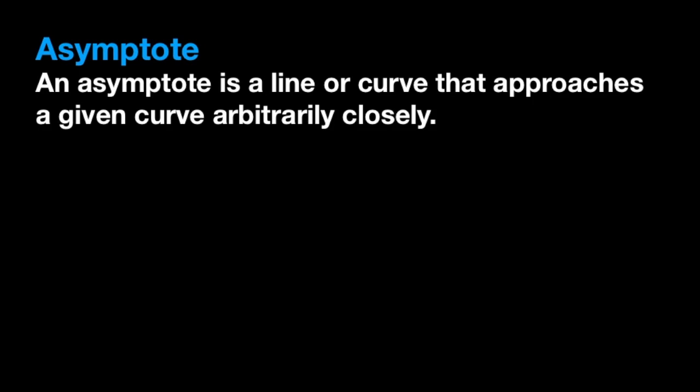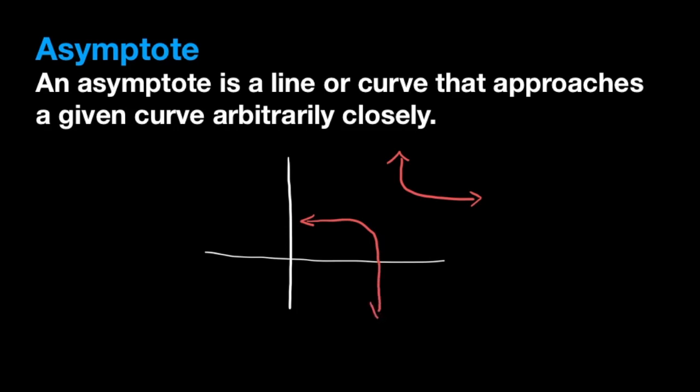An asymptote is going to be a line or a curve that approaches a given curve, and they get very, very close to each other, but they don't cross each other. So if we have a graph, and let's say that this red line is your rational function, in this case, you're going to have two asymptotes.